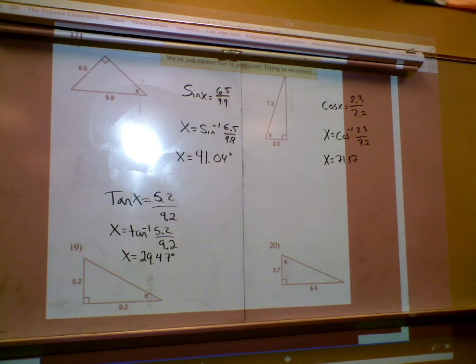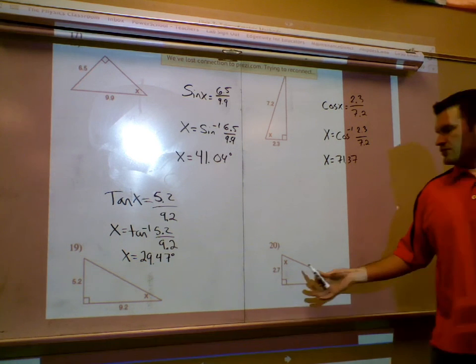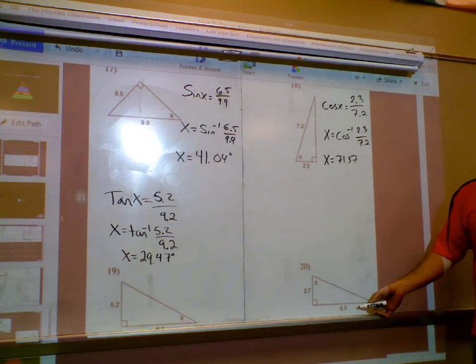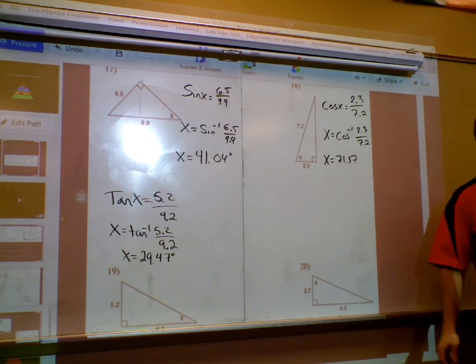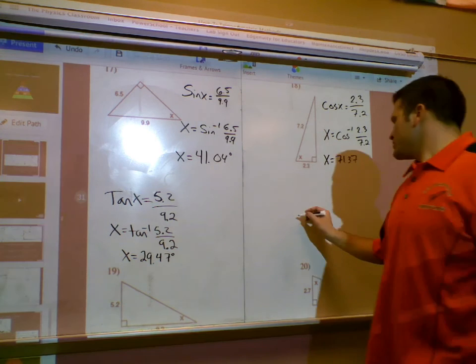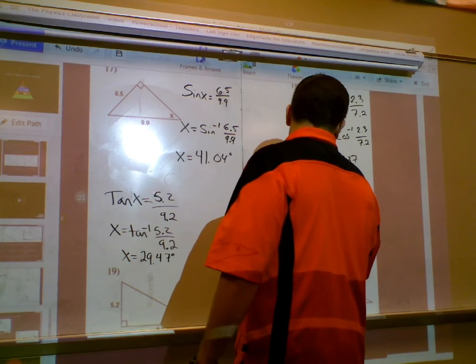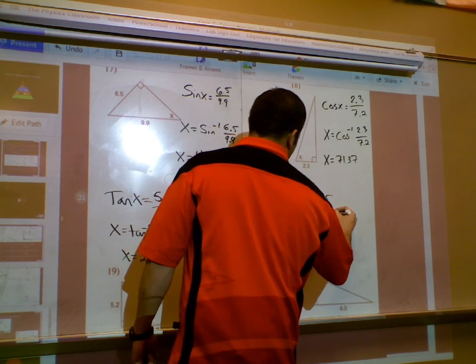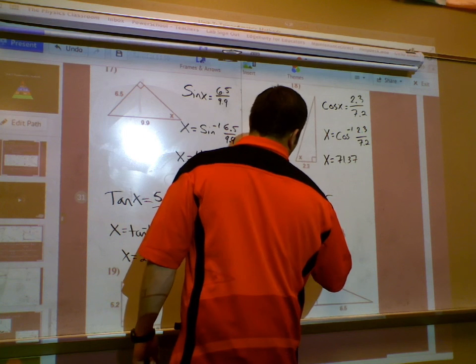Any questions? All right, for 20, what is 6.5 to x? Opposite. What is 2.7? So what do we use? Tangent. So tangent of x equals opposite over adjacent. Inverse tan both sides.